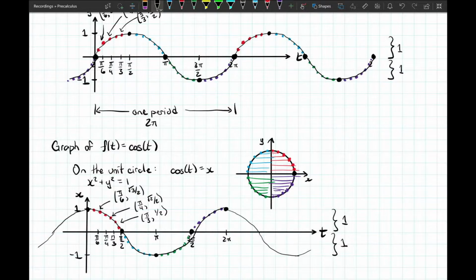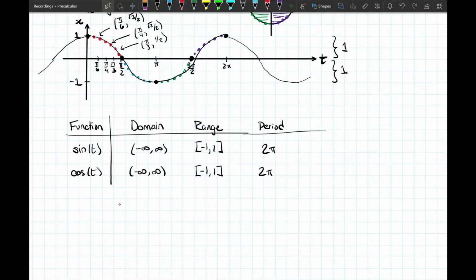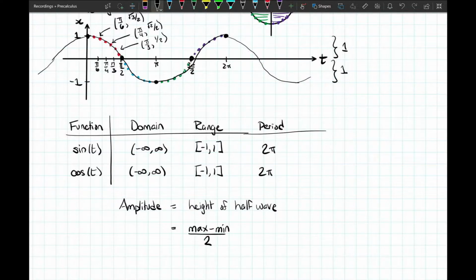Or in other words, it would be the maximum value, 1, minus the negative value, -1, and then divide the value by 2. So amplitude, we can think of as the height of one of these half waves, or a value halfway between the maximum and minimum values of the waveform. Now, with sine and cosine, the amplitude is 1.